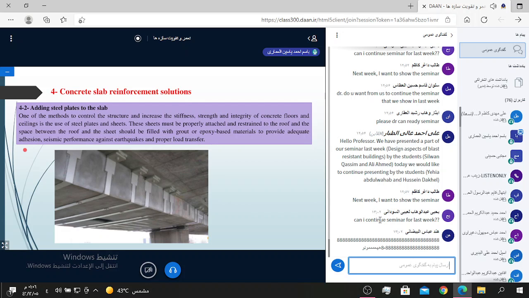These sheets must be properly attached and resistant to the roof, and the space between the roof and the sheet should be filled with epoxy-based grout to provide adequate adhesion, seismic performance against earthquakes, and proper load transfer.